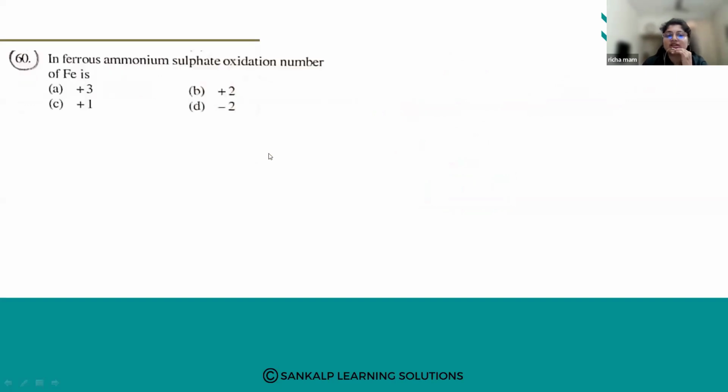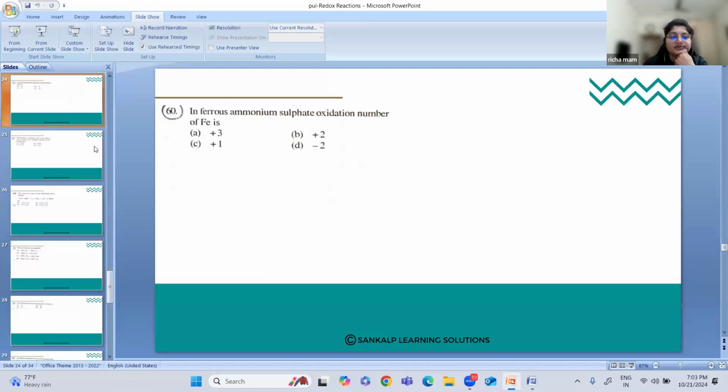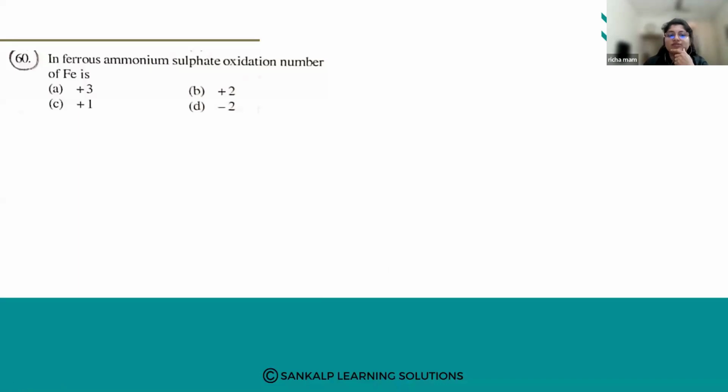In ferrous ammonium sulfate, what is the oxidation number of Fe? Now you need to know the formula of ferrous ammonium sulfate.